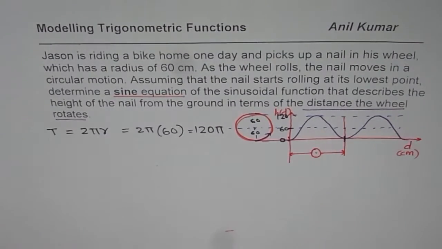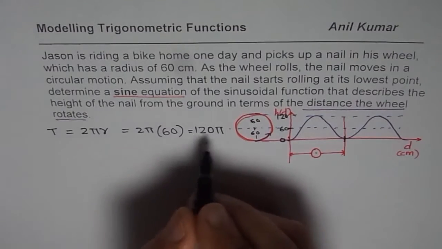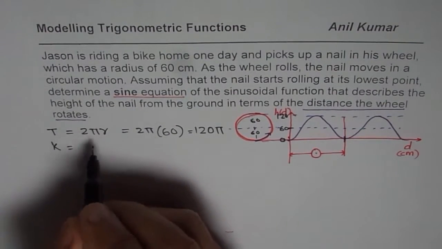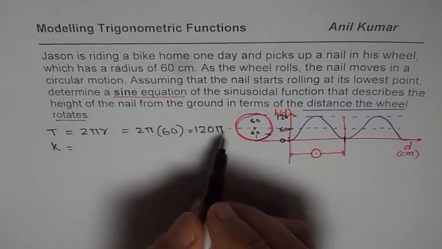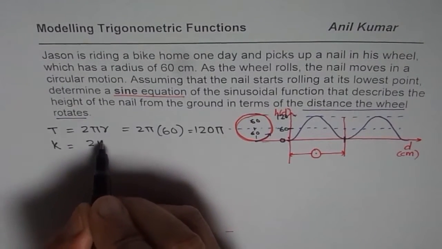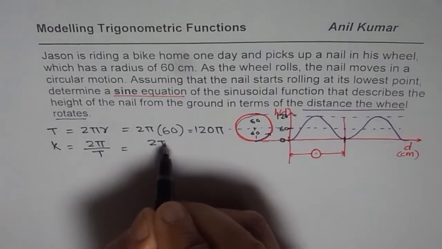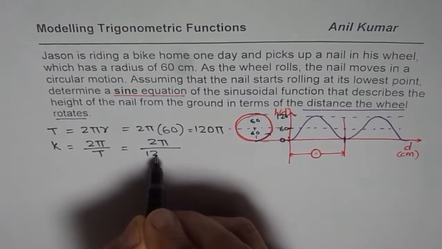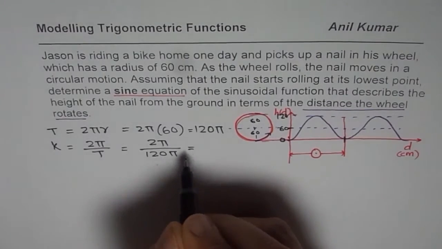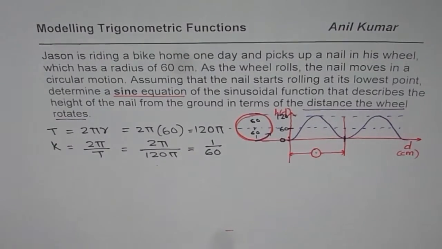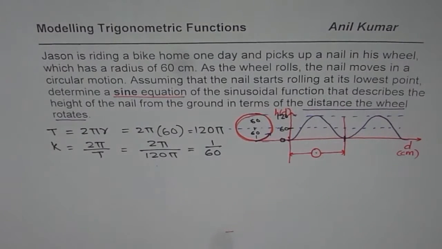It is in centimeters. Once you know T, you can find the value of k of your sinusoidal function, which if you are doing in radians, which we would like to do, is 2 pi by T, right? So which will be 2 pi by 120 pi, pi and pi cancel, we get 1 over 60. Okay, so that becomes the k value for a sinusoidal function.